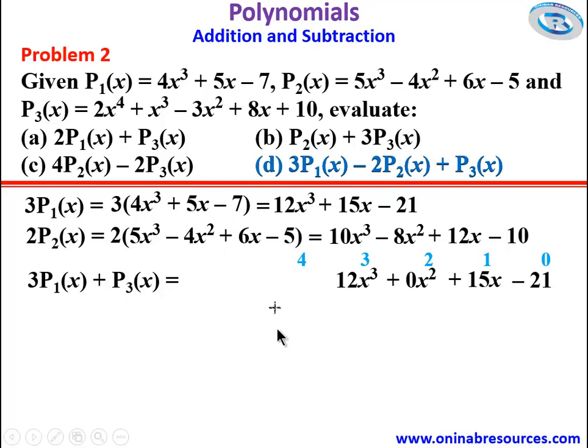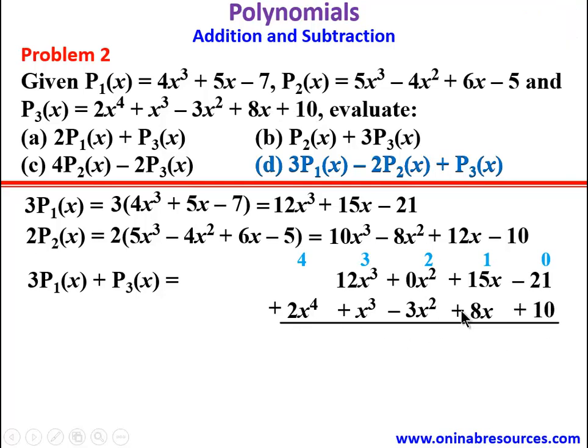Then this is plus P3 of x. P3 of x has the highest degree of 4, and we are going to put the 2x⁴ under 4 and the x³ under 12x³, minus 2x² under 0x², plus 8x under 15x and the 10 under negative 21. We add this first.